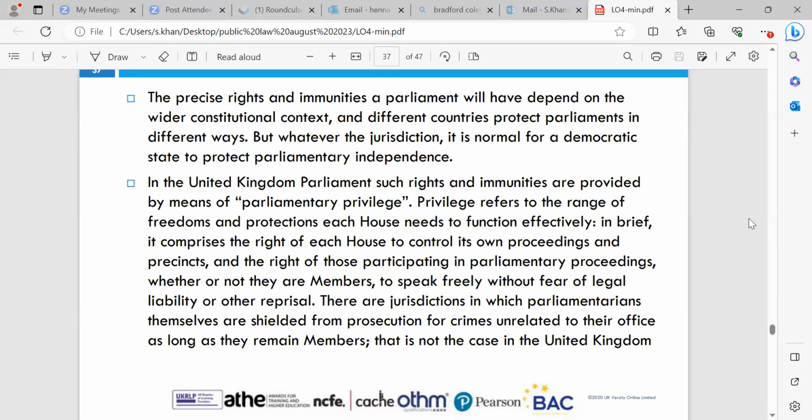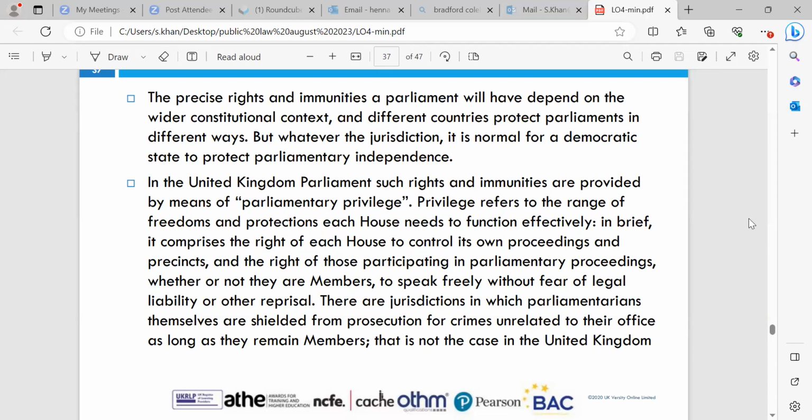But whatever the jurisdiction, it is normal for a democratic state to protect parliamentary independence. In the UK, Parliament's rights and immunities are provided by means of parliamentary privilege. Privilege refers to the range of freedoms and protections each house needs to function effectively.